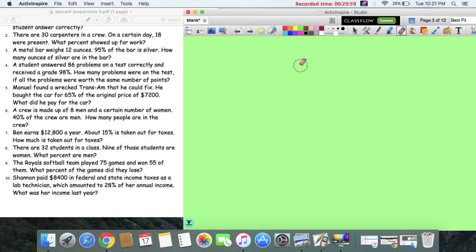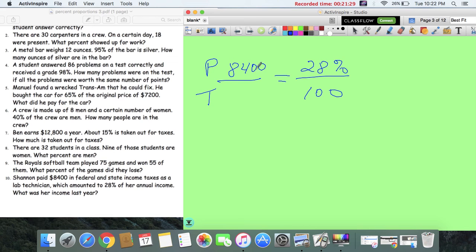10. Shannon paid $8,400 in federal and state income taxes as a lab technician, which amounted to 28% of her annual income. What was her income? Okay. A little bit backwards. 100% is the total amount. This is the part. So it says she paid $8,400, which amounts to 28%, the same thing over here as 8,400.